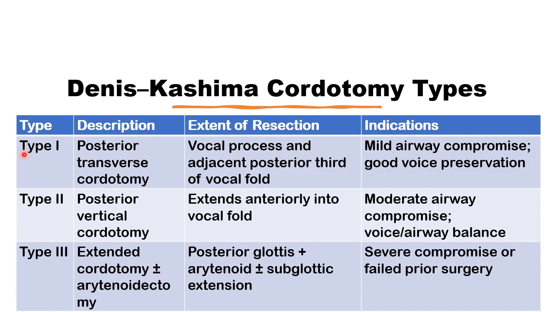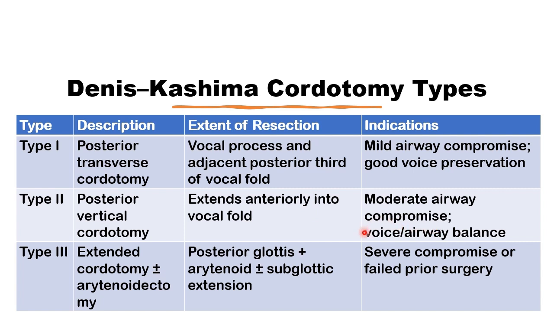In type 1 Dennis Kashima cordotomies, the airway obstruction is mild, and here you can afford to have a small cordotomy in order to preserve a good voice, because the airway obstruction is mild. But when there is a moderate airway obstruction and compromise, here you would need to have a bigger incision, and that incision could extend anteriorly into half of the vocal fold.